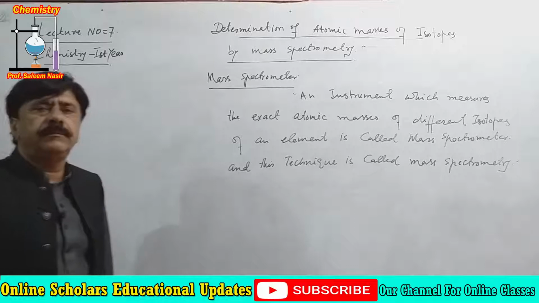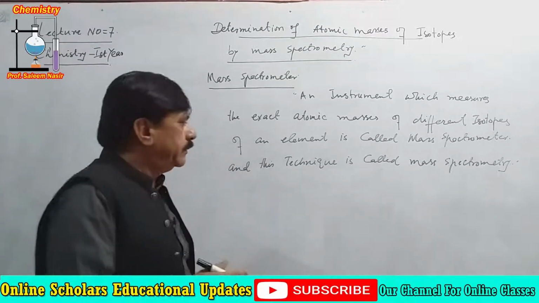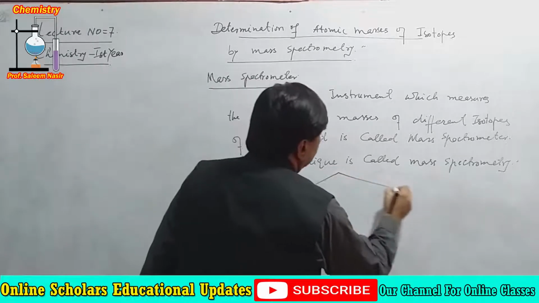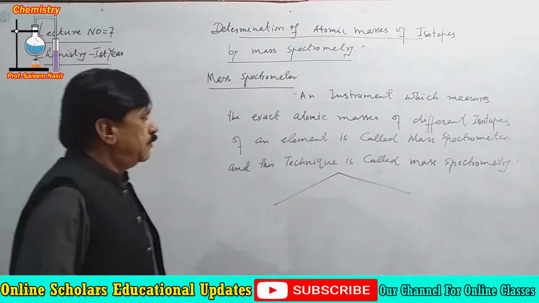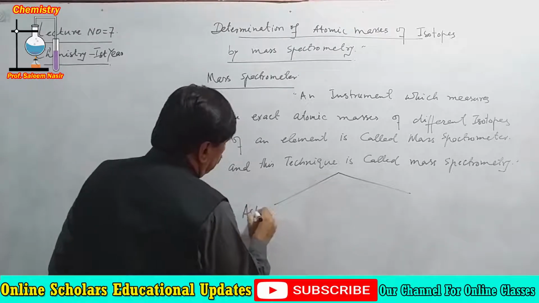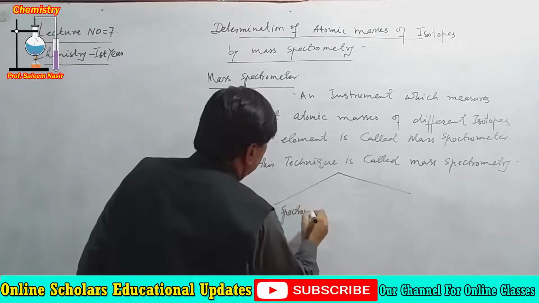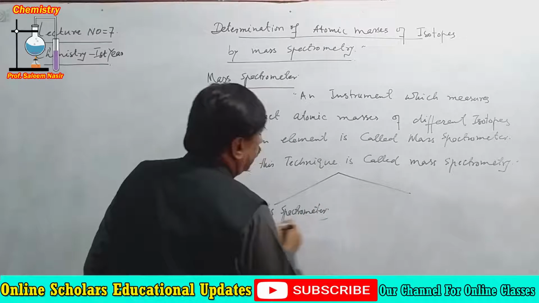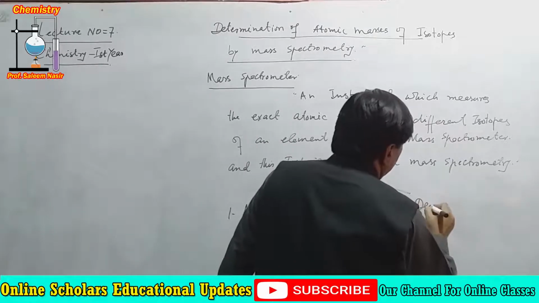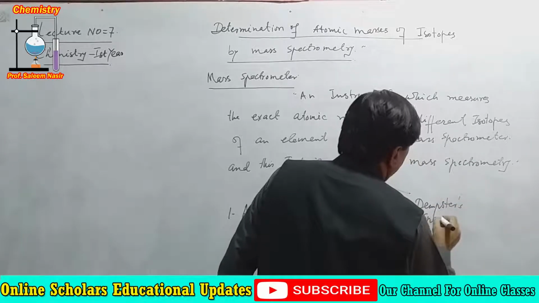Students, two kinds of spectrometer are known. Among these, one is the Aston spectrometer and the other is the Dempster spectrometer.